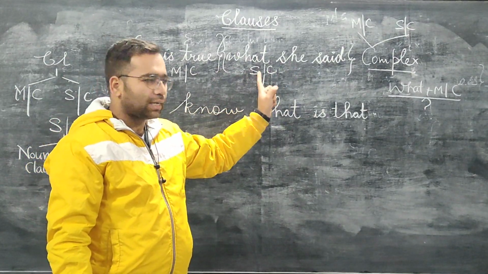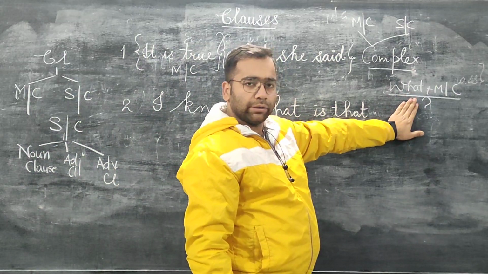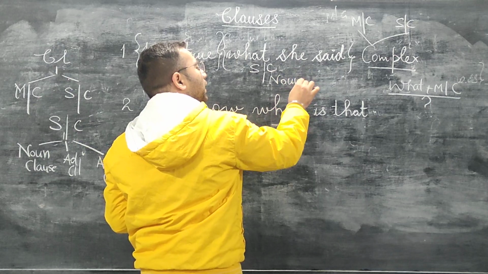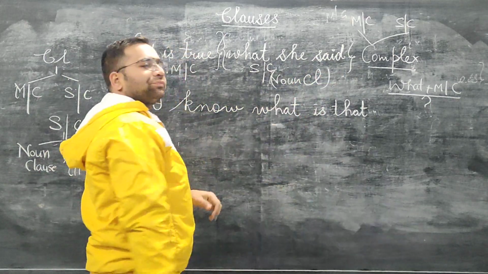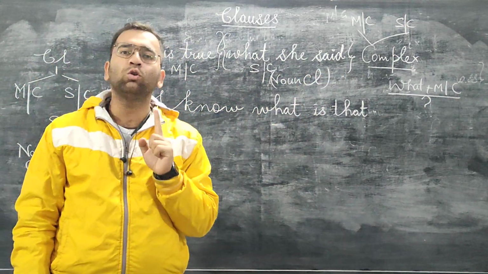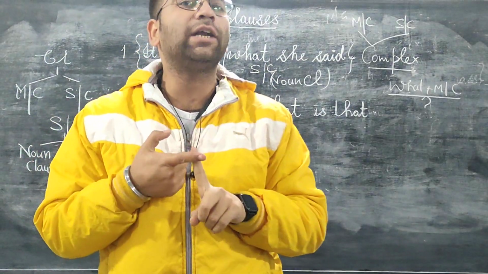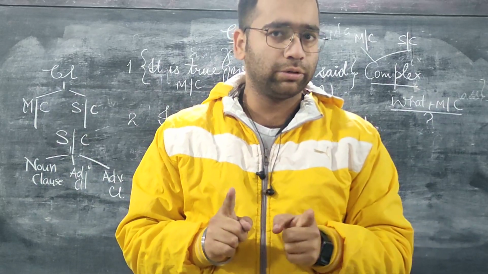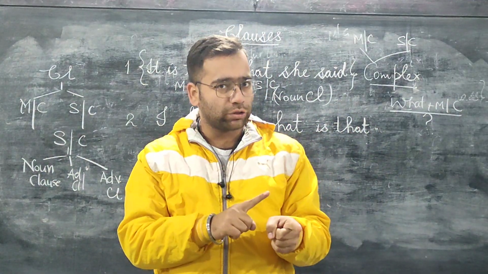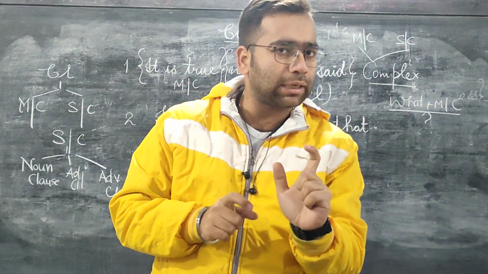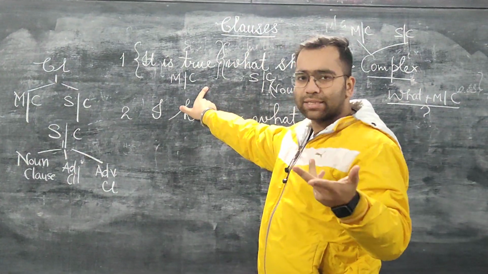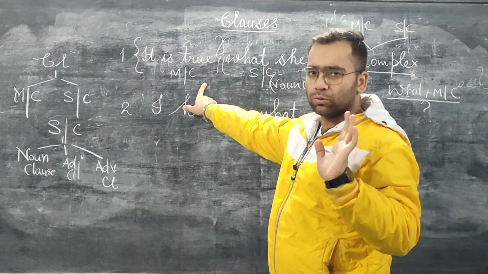The question is answered. If this part answers, then definitely the subordinate clause will be a noun clause. Is that clear? How to find out a noun clause? If your main clause is answering what. And if it does not answer, then we will move to the next clause. In this question, it is answering, so no need to go to the next clause.